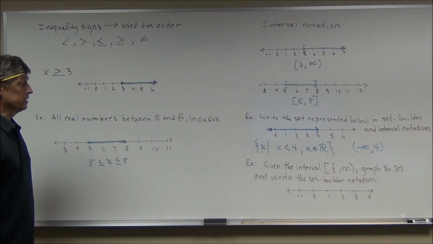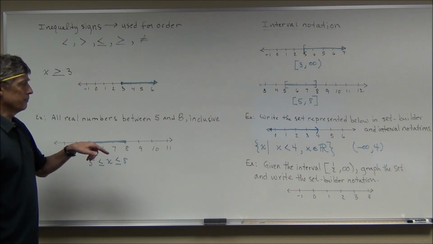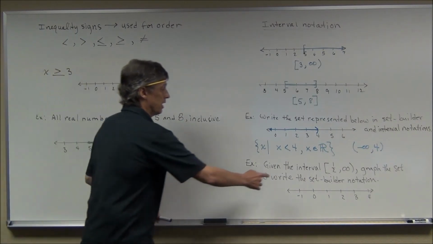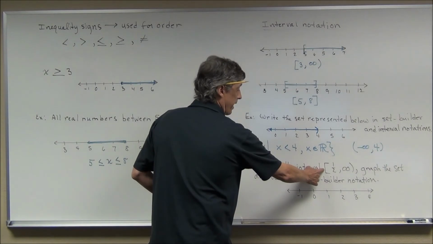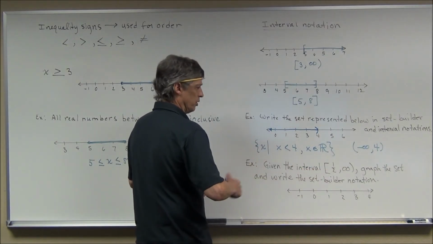Okay, we have one last example here. Oh, I felt like the building shook for a second. It says, give the interval from 1/2 to infinity, graph the set on the number line, and write the set builder notation. Now notice here, just like we were talking before, a bracket means that we're going to include this, so it'd be like a filled-in circle in the old notation.